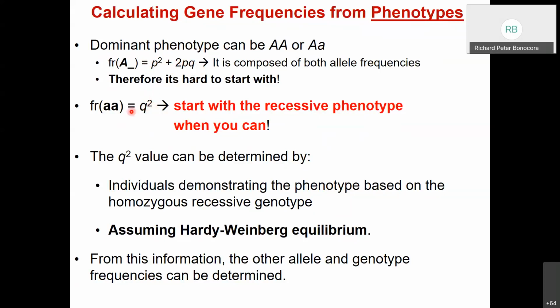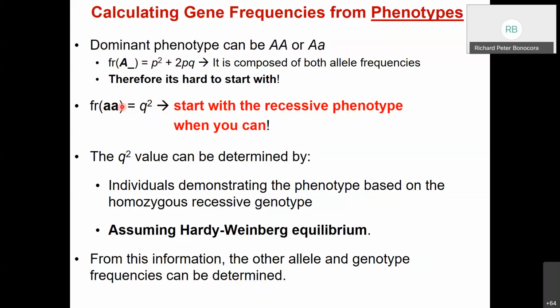With the phenotype, we know what the genotype for that phenotype is, and we know how to define the frequency of those alleles. It's going to be q squared, because all we have are recessive alleles. So this is on a pathway of getting to the allelic frequencies. So you're calculating these allelic frequencies from phenotypes.